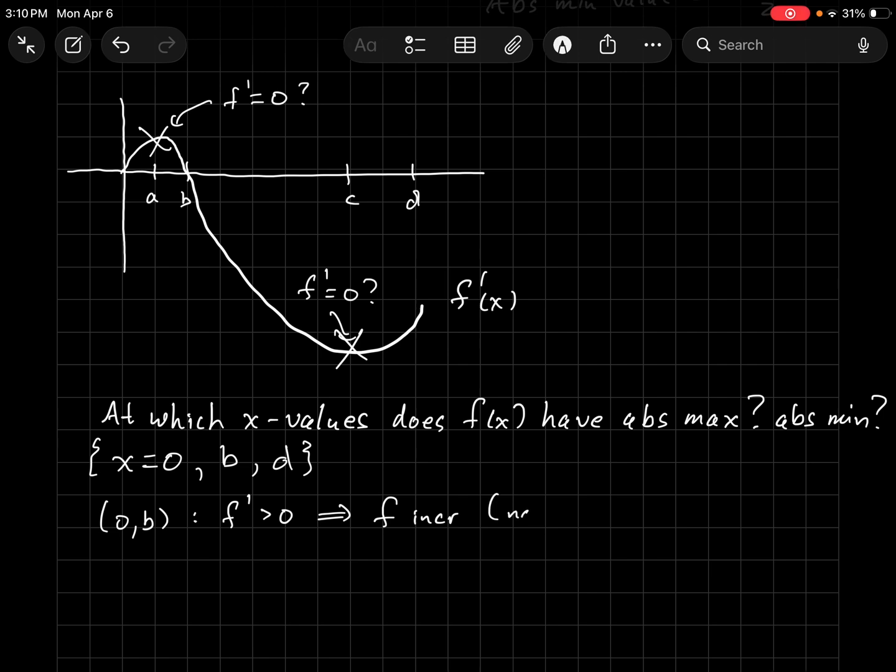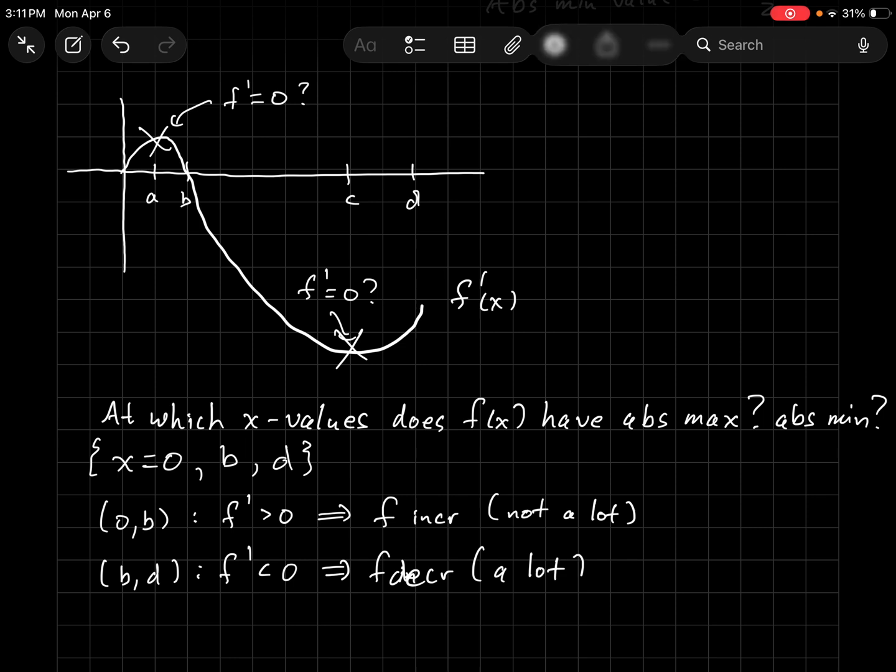It increases a little bit, because f prime never gets big, and we don't have a very long interval. How about on the interval from b to d? On that entire interval, f prime is negative, which means the function is decreasing, but it looks like it's decreasing a lot, relatively speaking, compared to how much it increased.